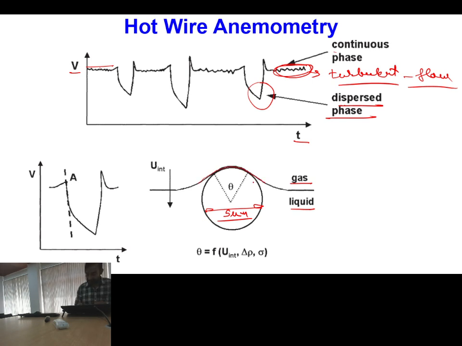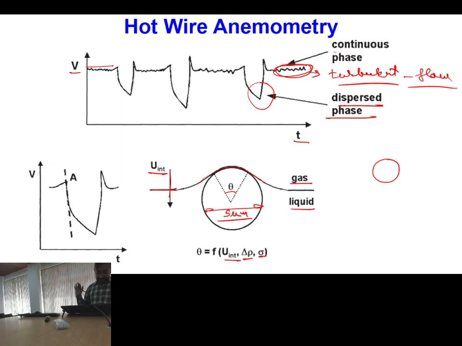Before this gas bubble completely encloses the probe, it has partial wetting. Theta is the angle which is occupied by this particular gas, and this theta is a function of the interface velocity, delta rho, the density difference between the two phases, and sigma, the surface tension between the two phases.